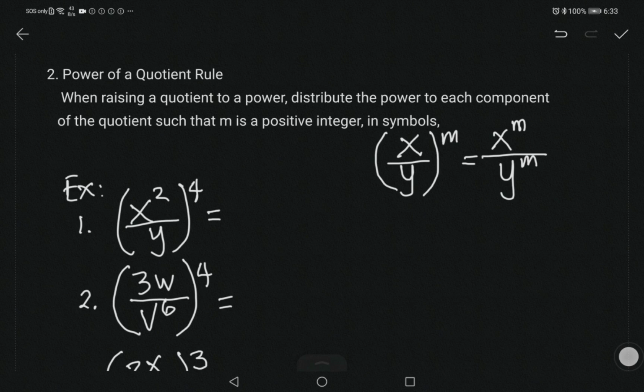Then we have example number 1, (x squared over y) raised to the power of 4.